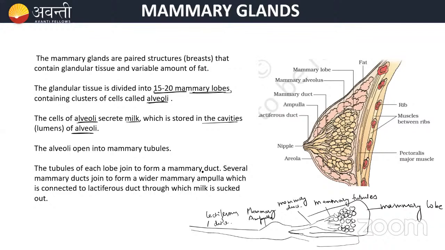So in this phenomenon, there are two hormones involved. One is prolactin and another one is oxytocin.